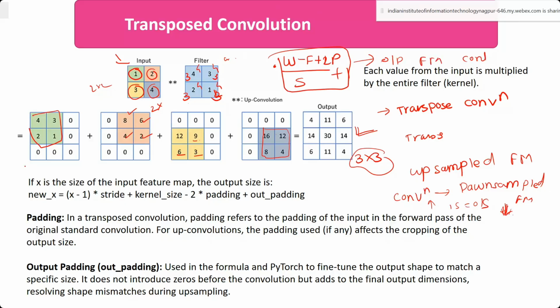Exactly similarly, if you have input dimensions x and x, here 2 by 2, x is the size of the input feature map. If you use this formula, you will be able to get this dimension 3 by 3. So here, 2 minus 1 into stride, which is given as a constant stride 1, plus kernel size, which is 2, minus padding, which is 0.